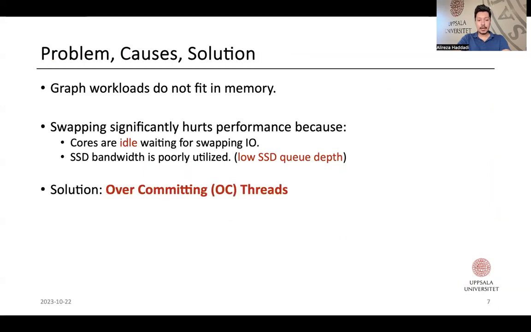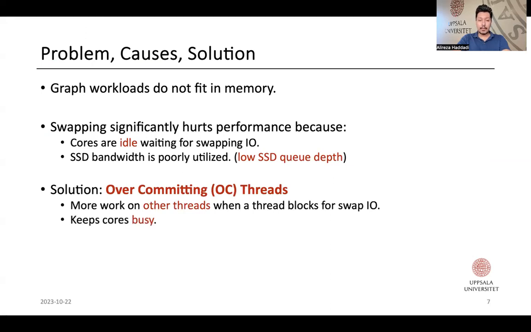Our solution for that is thread overcommitting. Thread overcommitting means dedicating more than one software thread per each physical core. If we do that, there is more work on other threads when a thread blocks for swap IO.